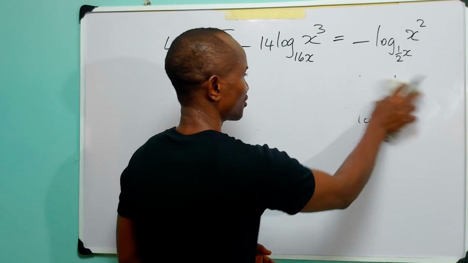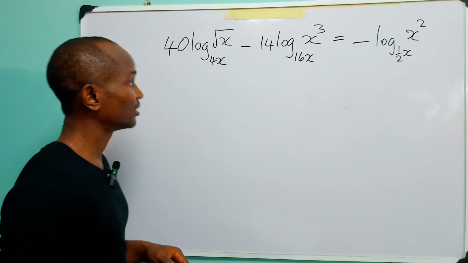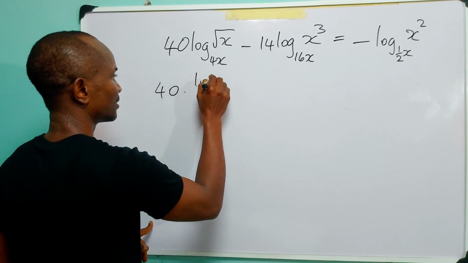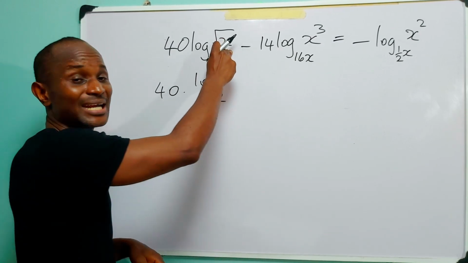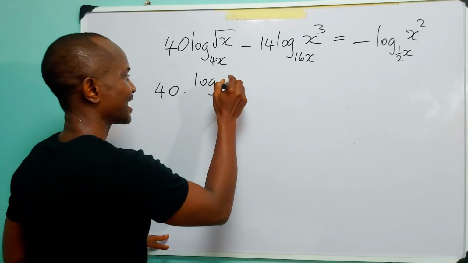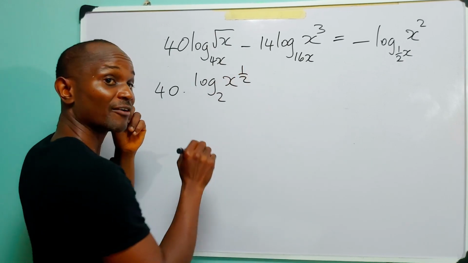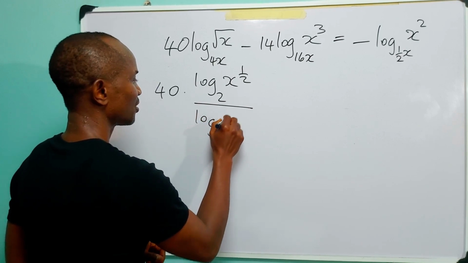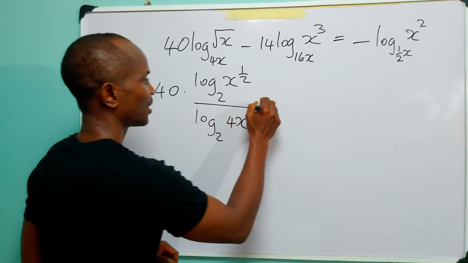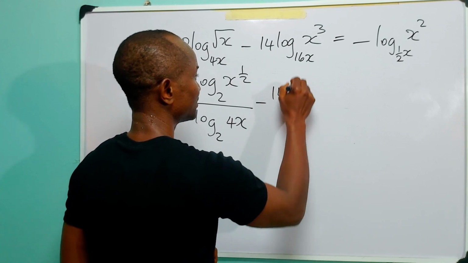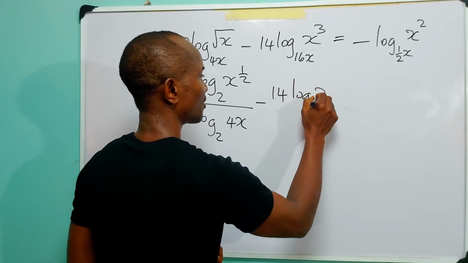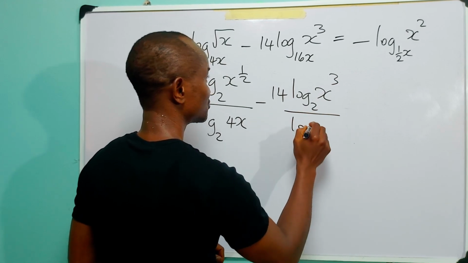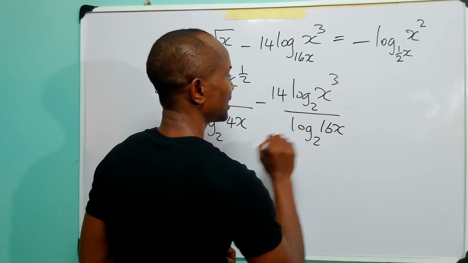So applying the change of base formula to this equation, we have that 40 times log to base 2 of square root of x, and remember that we can write square root of x as x raised to power half, divided by log to base 2 of 4x, minus 14 times log to base 2 of x raised to power 3 divided by log to base 2 of 16x.